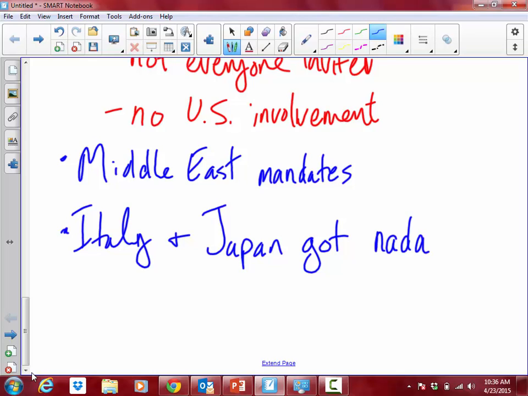No self-determination for you either. No. Simply because you said you do, you don't. In fact, we'll take Germany's colonies and we'll divide them up amongst the winners. No self-determination for them either. They shouldn't have been colonies of losing countries.